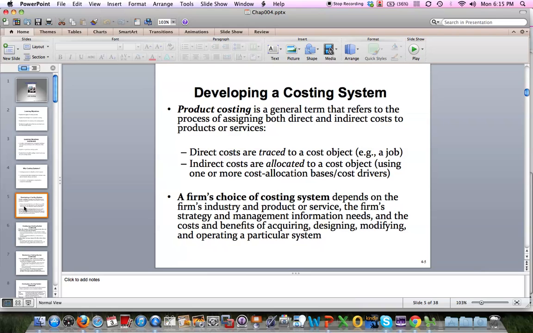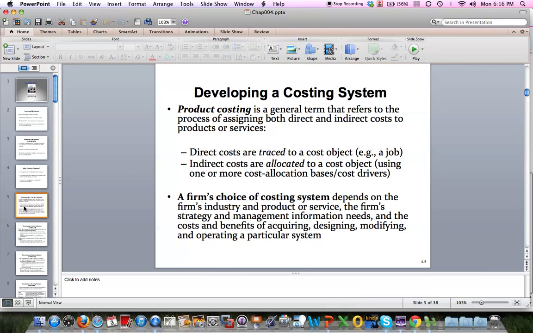So product costing is just that general term where we are assigning both direct, remember what a direct cost is, and indirect cost to products or services. Okay, direct and indirect. Direct costs are costs that can be traced to a specific cost object, or in this case, probably a job. Okay, so we know that there's a direct cost. It relates to this specific cost object.